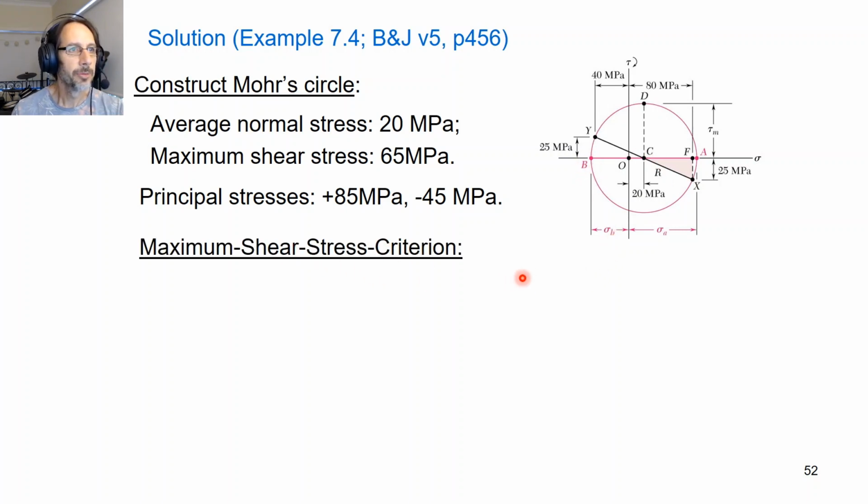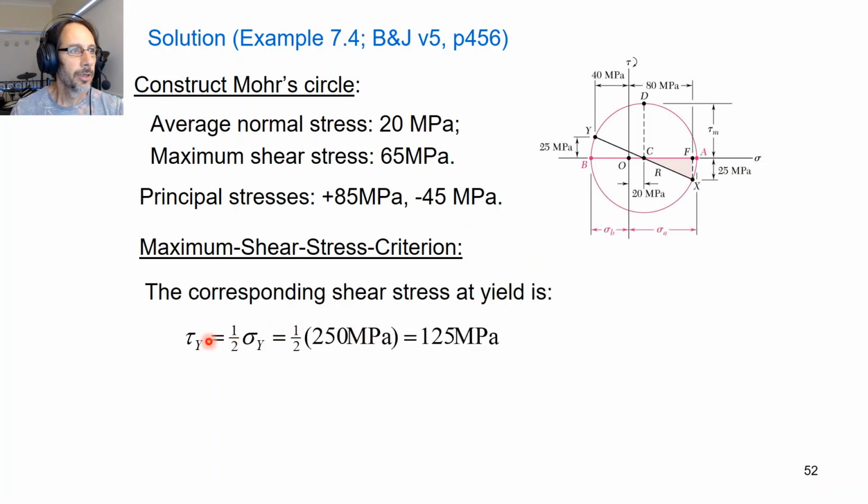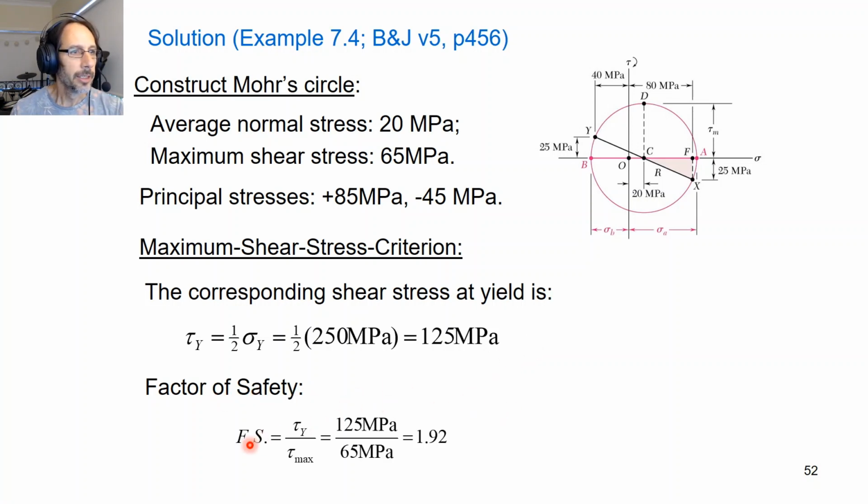So applying the maximum shear stress criterion, the yield stress was 250. So the corresponding shear stress at yield is half that, as we saw before, so 125 megapascals. Our factor of safety is the yield stress over the maximum shear stress that we have in our material.